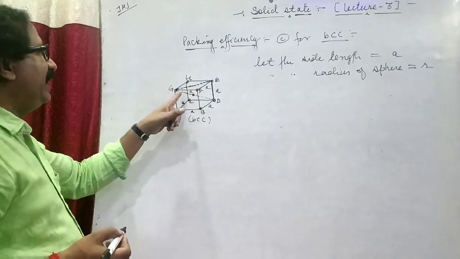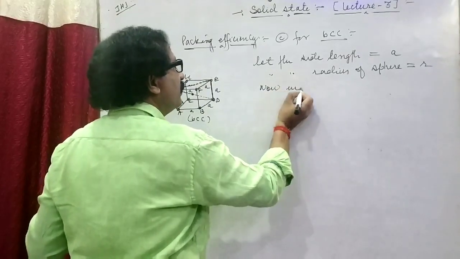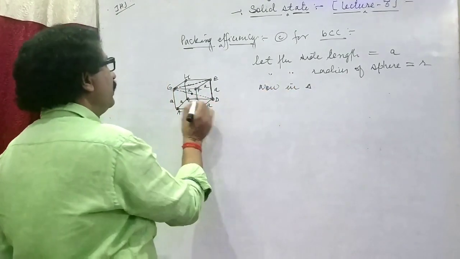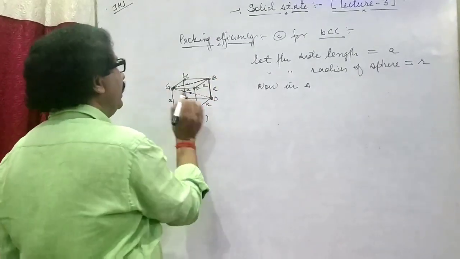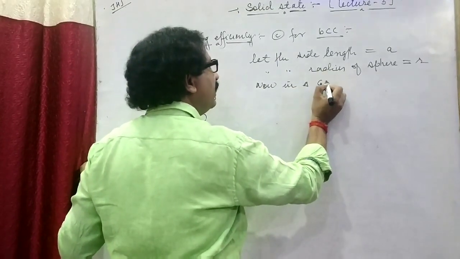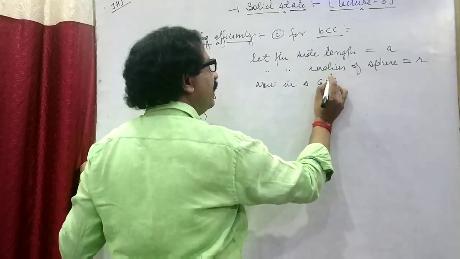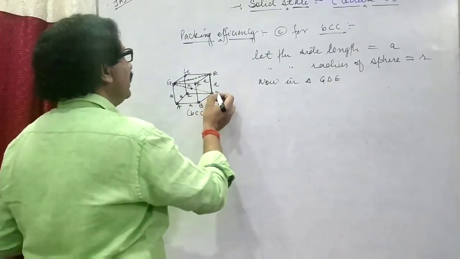Basically, in triangle GDE, this is a right angle triangle, okay?